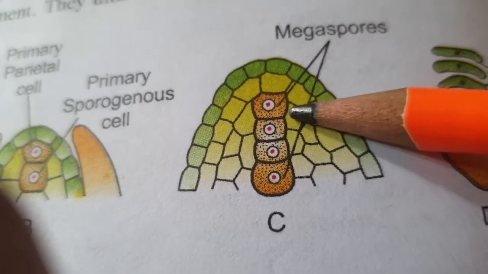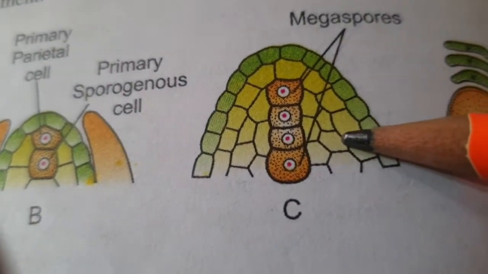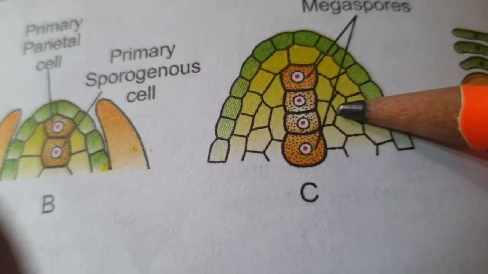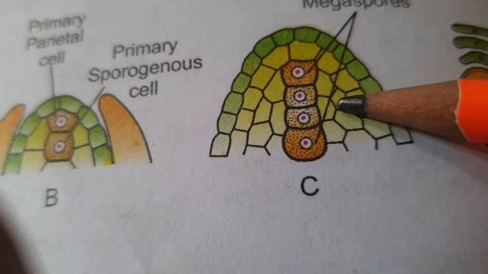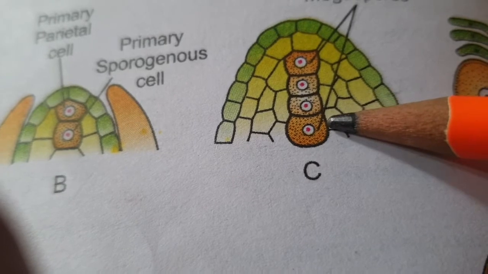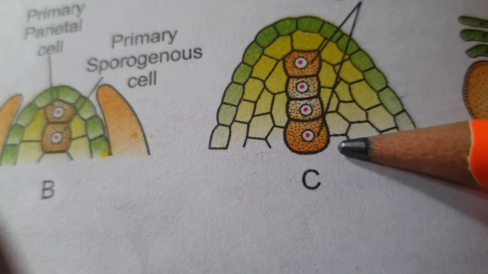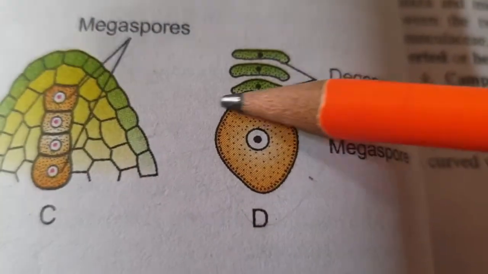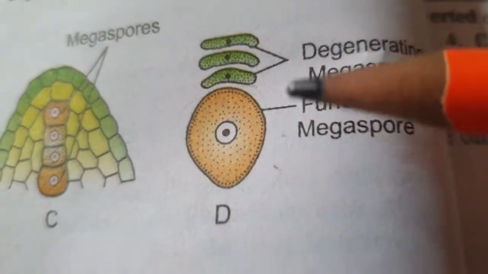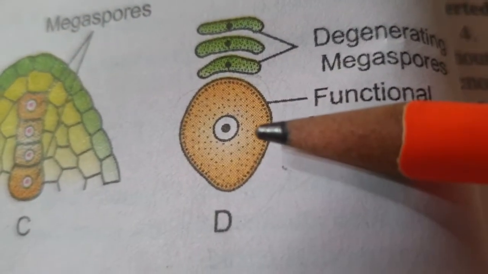These haploid cells are formed as a linear tetrad. Of this tetrad, the 3 cells towards the micropylar portion degenerate. Only the cell towards the chalazal end behaves as the functional megaspore. So here you can see that these 3 cells lie towards the micropylar part, and this cell towards the chalazal end behaves as the functional megaspore.